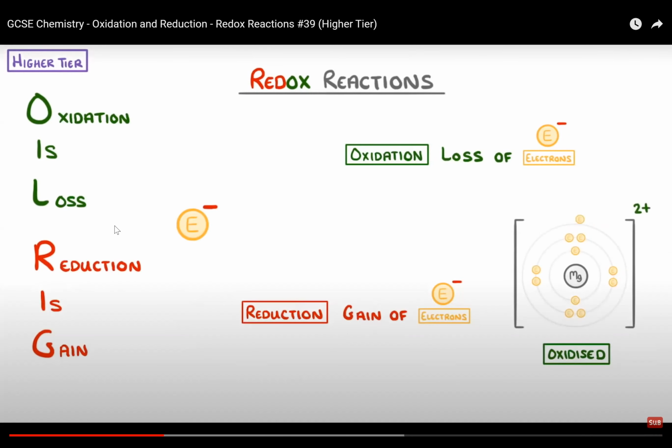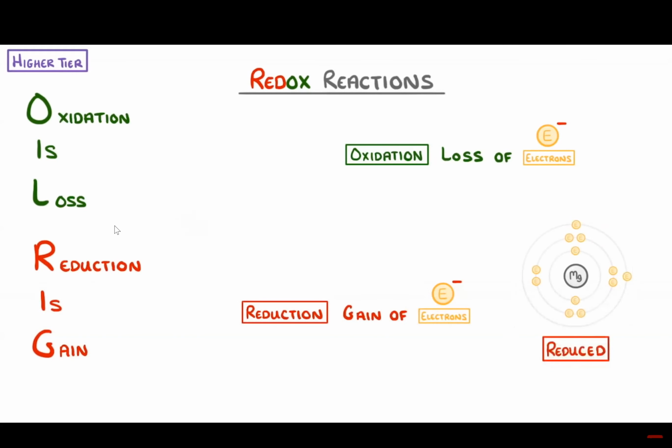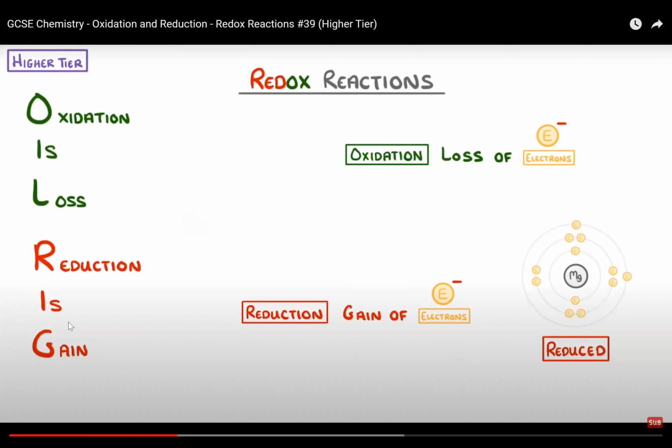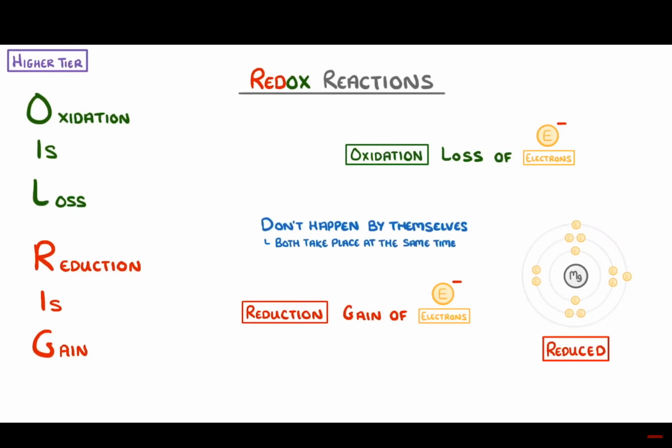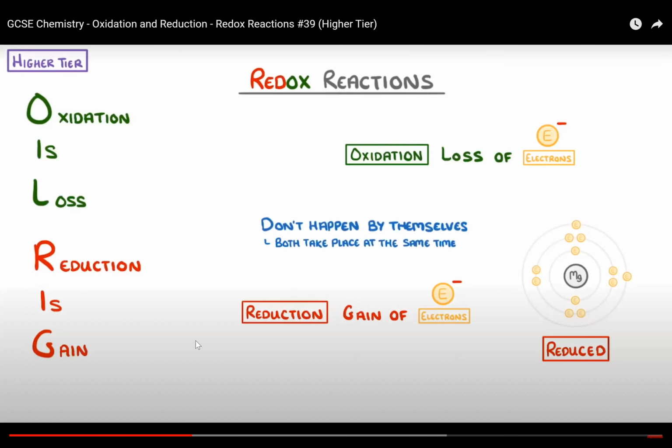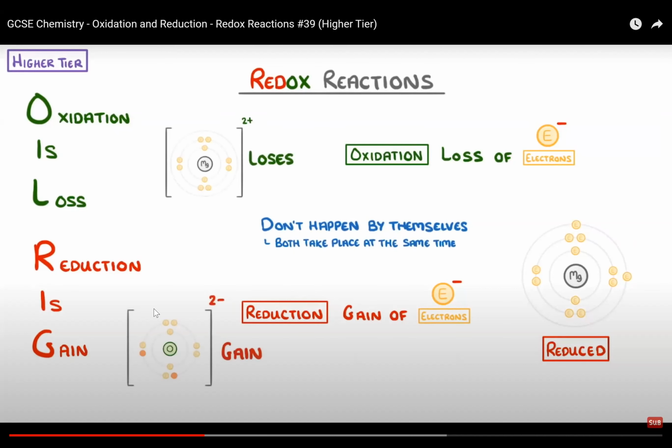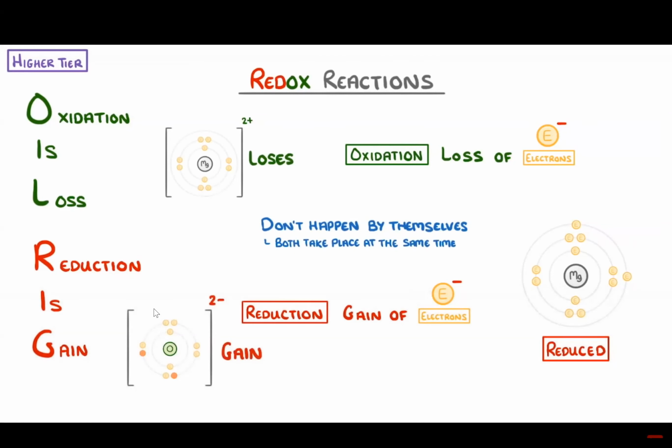And if it gained those 2 electrons back, then it would have been reduced. Most of the time though, these oxidation and reduction reactions don't happen by themselves. Instead, they both take place at the same time. Because if one substance loses electrons, then another substance has to gain them. And because both happen together, we call them redox reactions, which just means reduction-oxidation reactions.